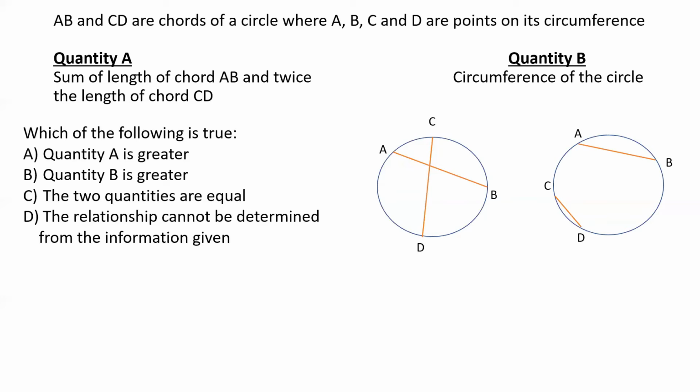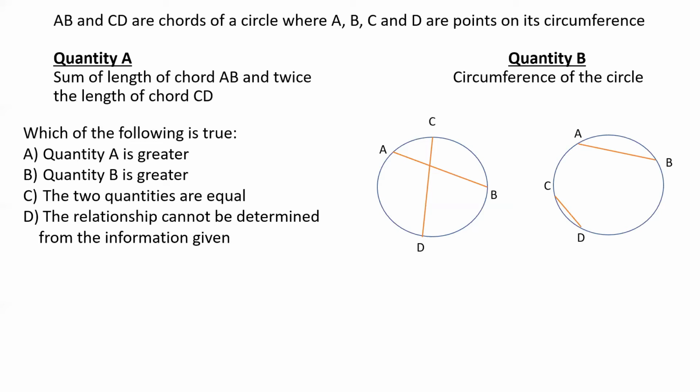But this is sort of a trick question where we just need to hold on and think one level deeper. It is clear that AB and CD can be variable, so quantity A, which is AB plus twice CD, would also change depending on what combination of AB and CD we pick.